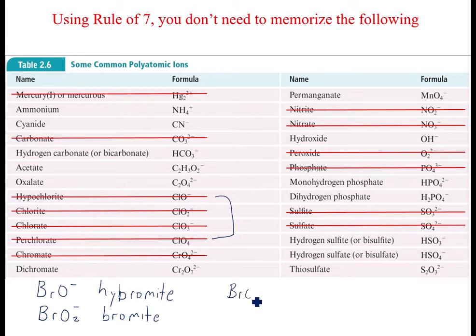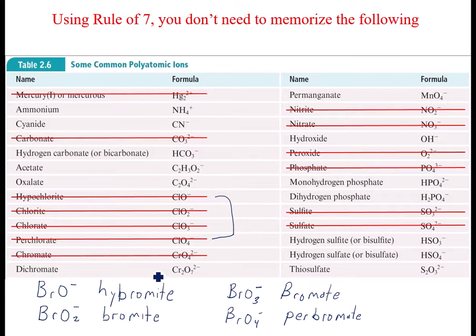BrO3, now still on the 7, oops, this is a minus. I can erase that. BrO3 minus is bromate. And BrO4 minus is perbromate. Okay, so those 4 do that.